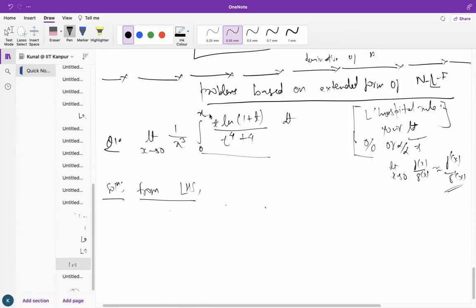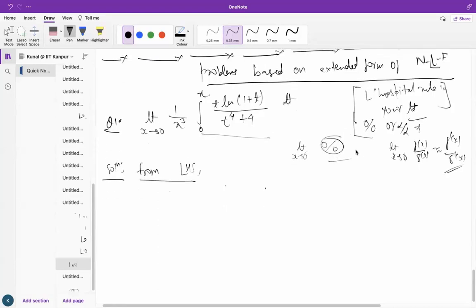That means our integral is tending to 0, and in the denominator it is x cubed, which is also tending to 0. So we get a 0 by 0 form as x tends to 0, and we can apply the L'Hopital rule.